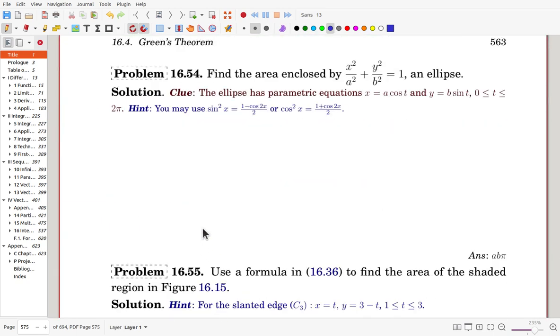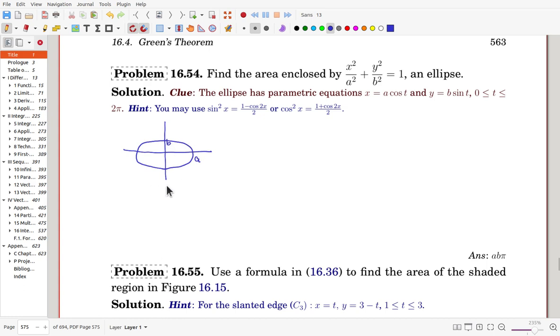Find the area enclosed by an ellipse given in this way. Once an ellipse is given, then we know that the area is a b pi. Let's try to visualize here. Assume a is larger than b. We have a major axis in the x direction. So that is a and b.